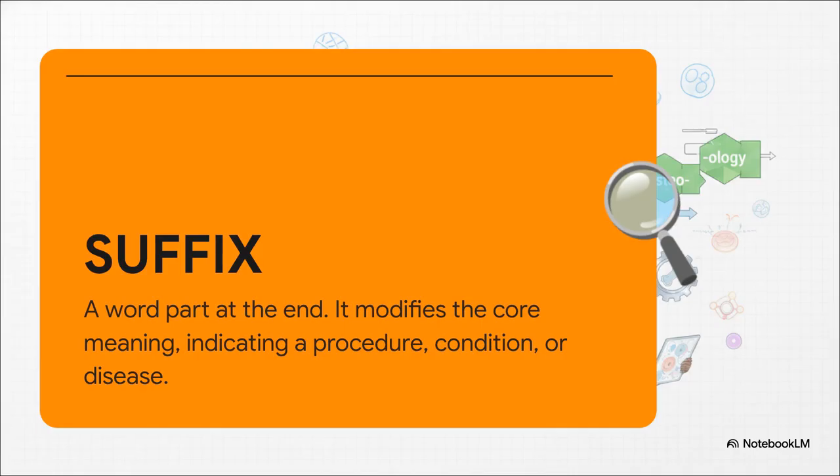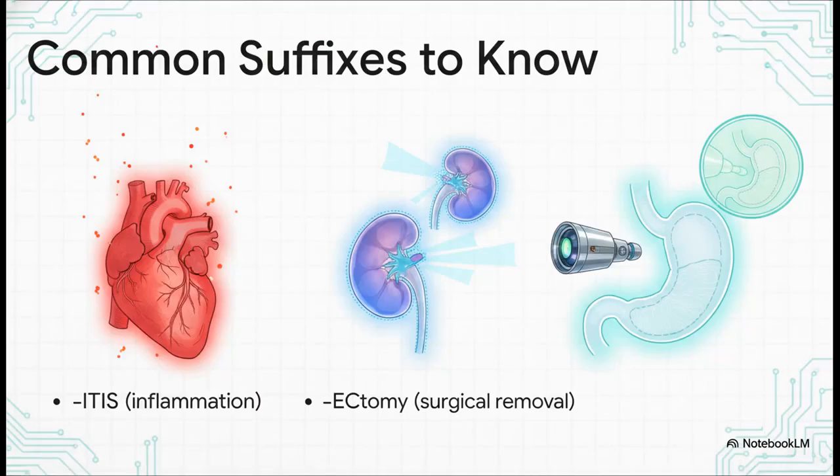Okay, let's jump all the way to the end of the word now. Let's talk about the suffix. You could almost think of this part as the action hero of the term. Why? Because it tells you what's actually happening. Is a body part inflamed? Is something being surgically removed? Is a doctor taking a peek inside? The suffix, it spills all the secrets. And here are some of the most common suffixes you're going to see over and over again.